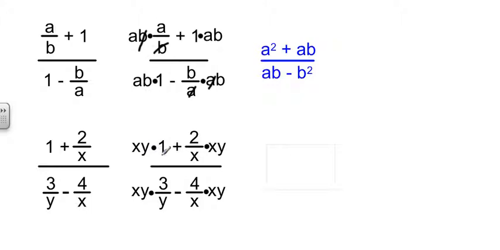X times y is just xy. Here the x's cancel. Same thing here, these x's cancel, and these y's cancel. When we do that, what are we left with? xy plus 2y over 3x minus 4y.